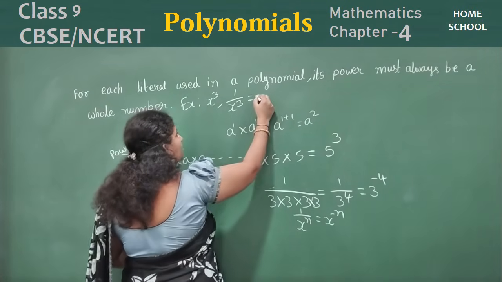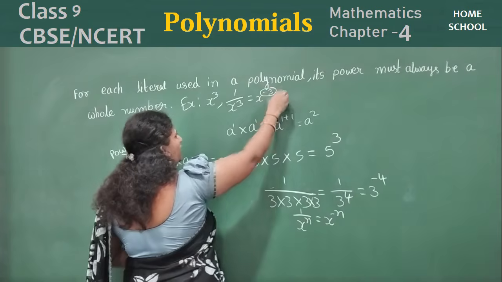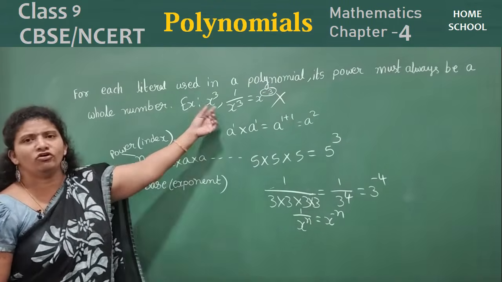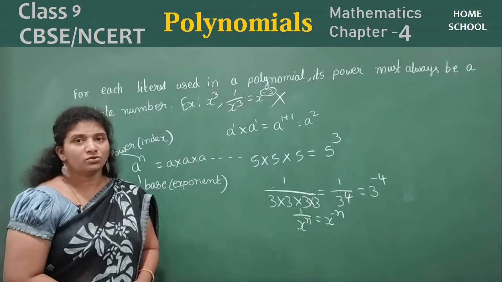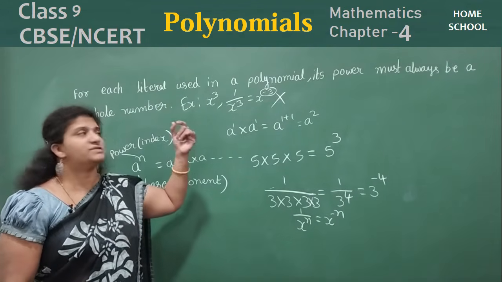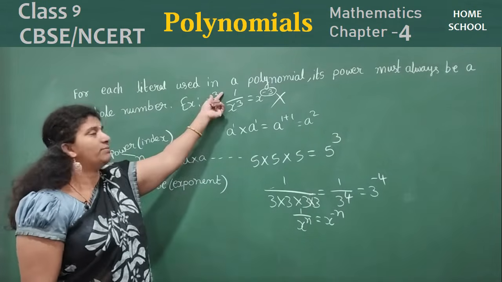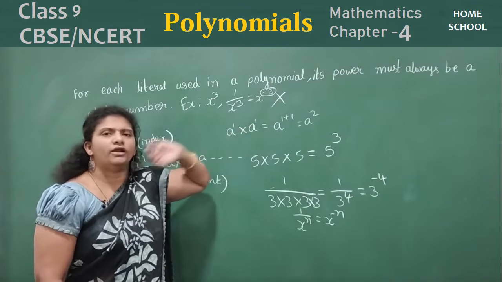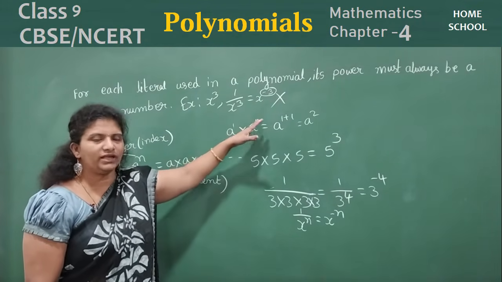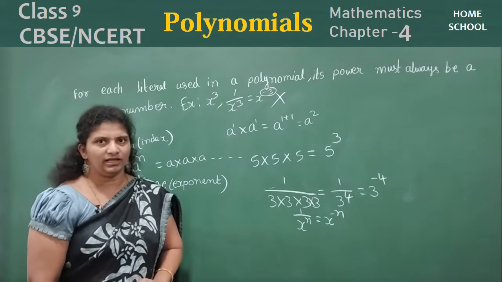If I bring this up, it is x power minus 3, which is not a whole number, therefore this is not a polynomial. What is the rule here? In a polynomial, its power must always be a whole number. If you get anything other than a whole number, or a negative value in your power, then it is not a polynomial.